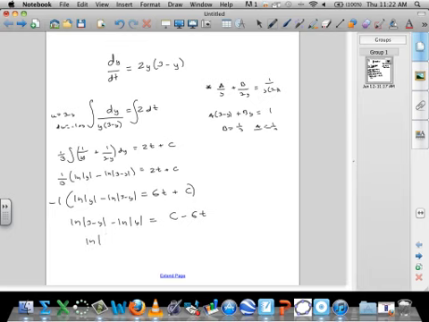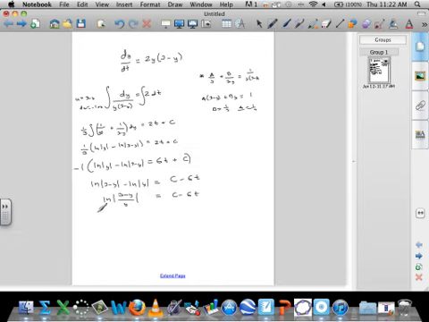We want this natural log to be (3 minus y) over y, equals c minus 6t. And now we're going to exponentiate both sides. So make both sides the exponent of e. Here you're going to have the absolute value of (3 minus y) over y.